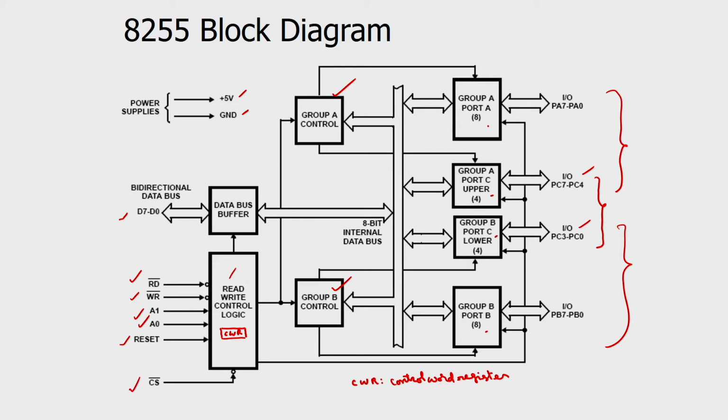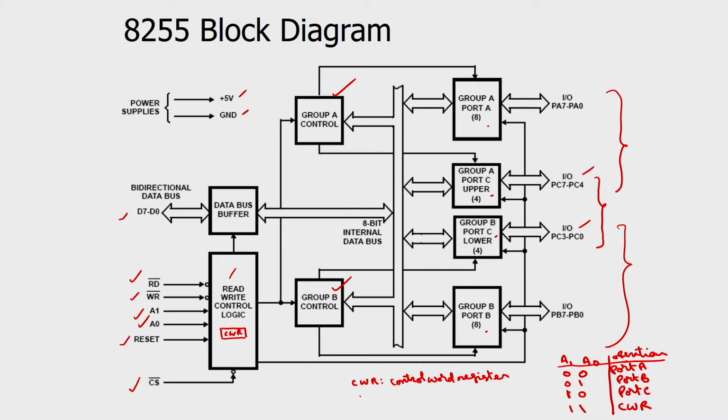So, A1, A0 is going to decide: if they are 0, 0, then it refers to port A. This is 0, 1, port B, 1, 0, port C, 1, 1, control word register. See how A1, A0 is used for selecting the ports or the control word register.